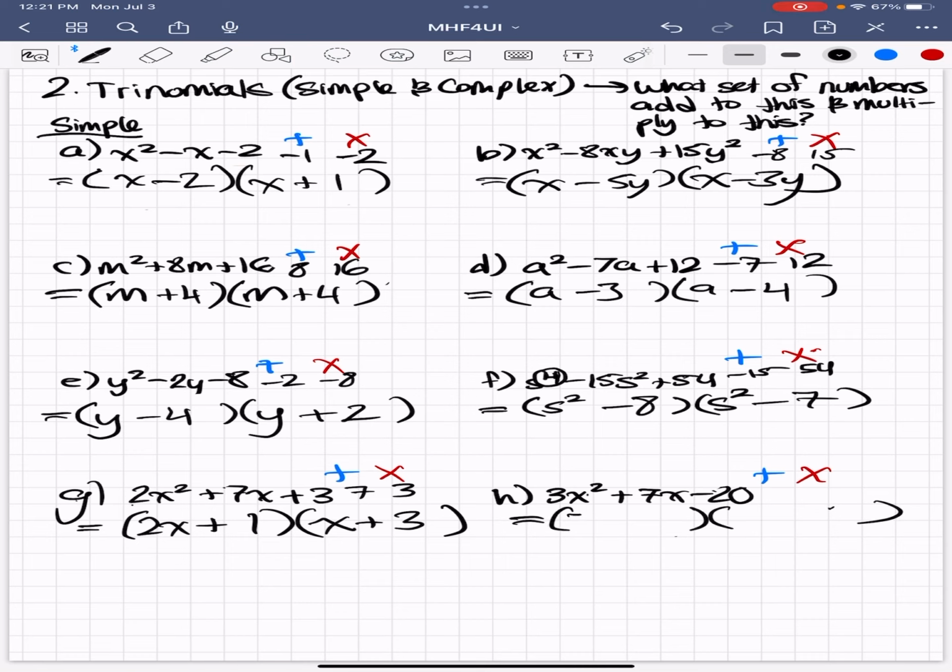Another complex trinomial. And there's your final answer. 3x multiplied by x is 3x squared. 3x plus 4.